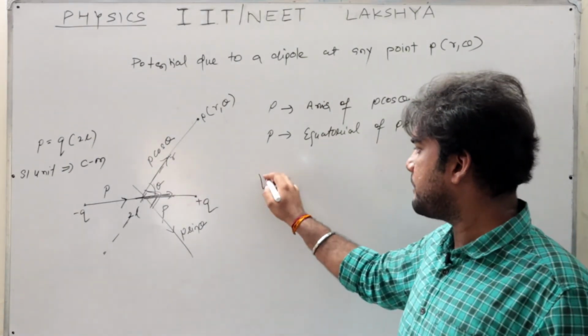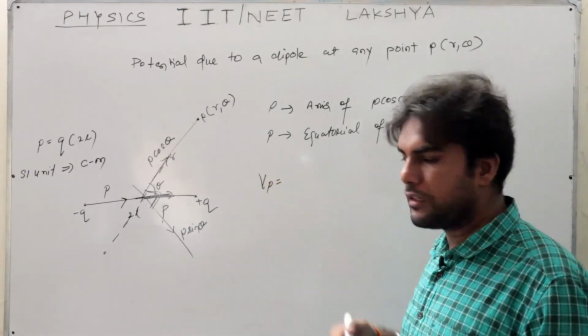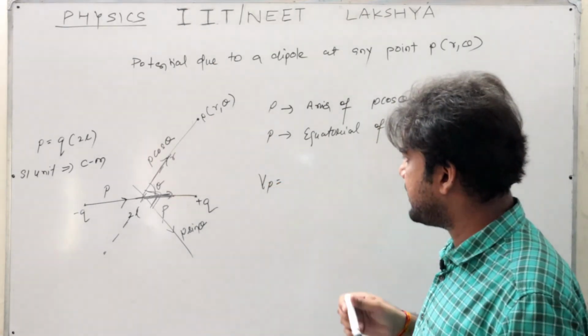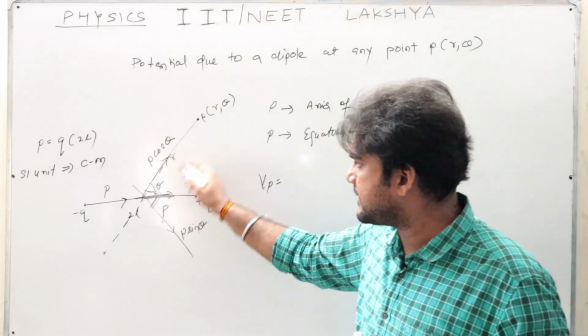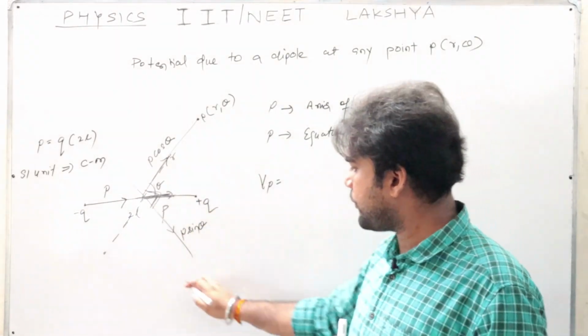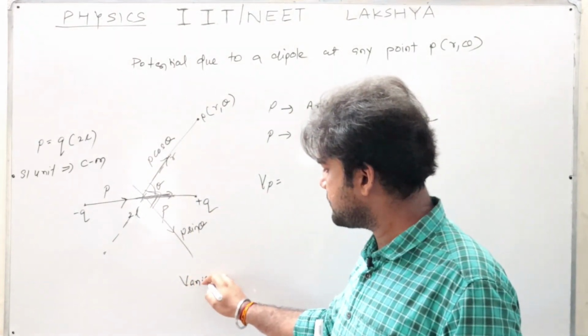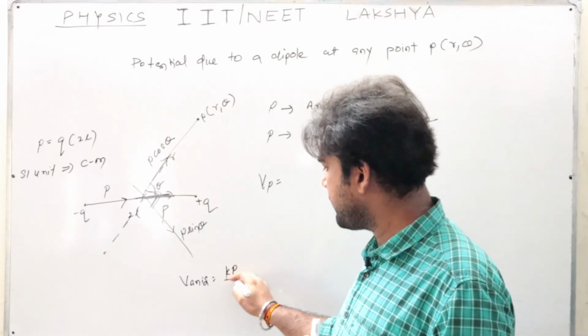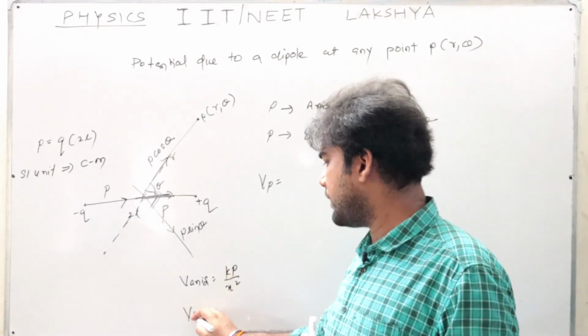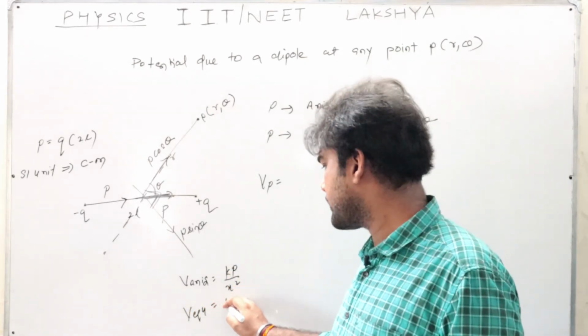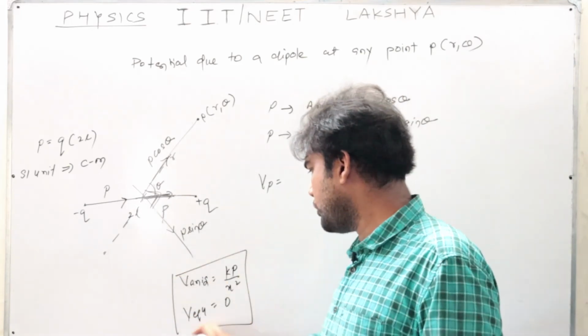So the potential at point P is on the axis as well as on the equatorial. Due to the axis, what is the formula? Already we know the formula for the axis: Kp by x square. For the equatorial position, the formula is 0, due to a dipole.